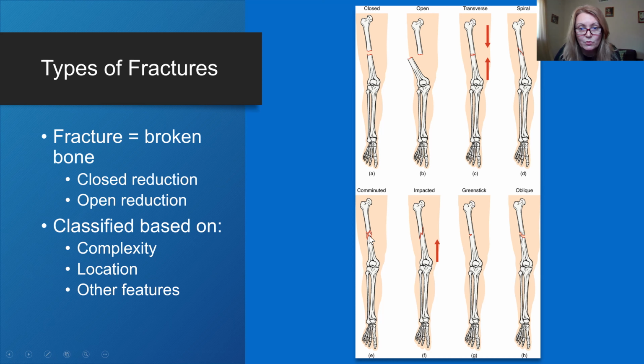Comminuted means the bone is broken into several parts. Impact, usually one part of the bone shifts above or below another one, so that would be impact. A greenstick is when the bone is not broken all the way through, usually happening in kids. And oblique, this fracture is at an angle.